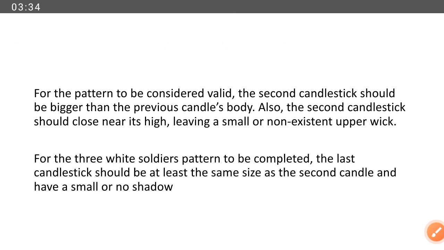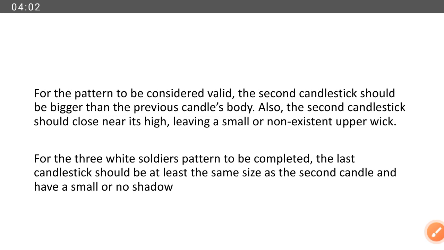Also, the second candlestick should close near its high, leaving a small or non-existent upper wick. For the pattern to be completed, the last candlestick should be at least the same size as the second candle and have a small or no shadow.